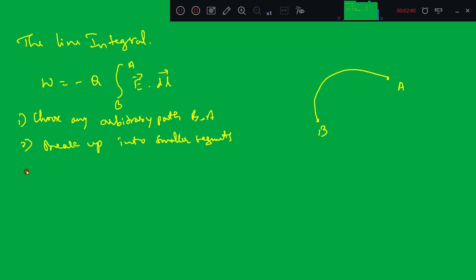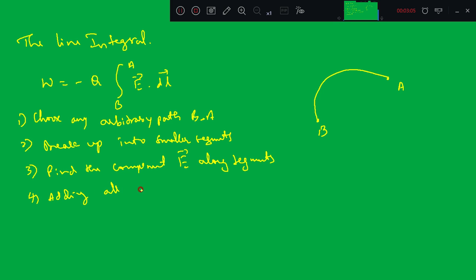Okay. Next, third point is find the component of E along each segment, then add all the components, and multiply by charge.